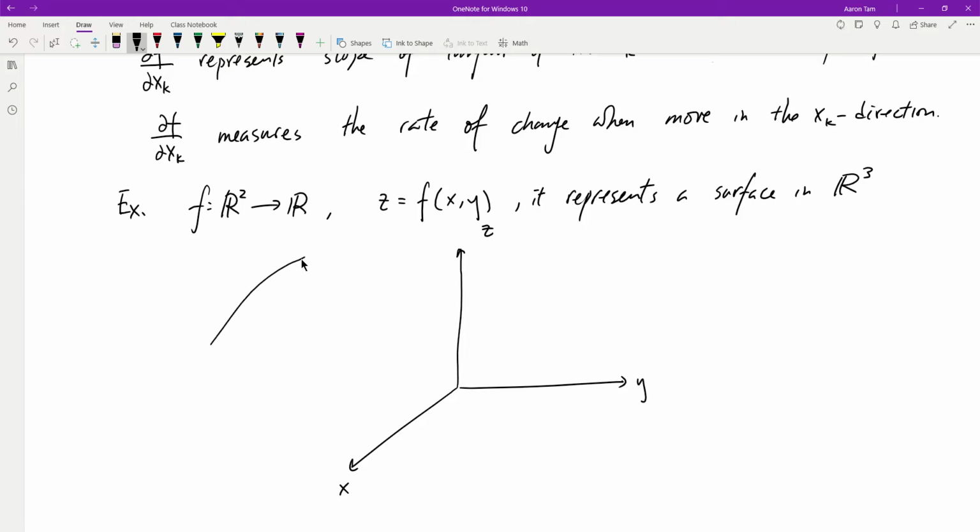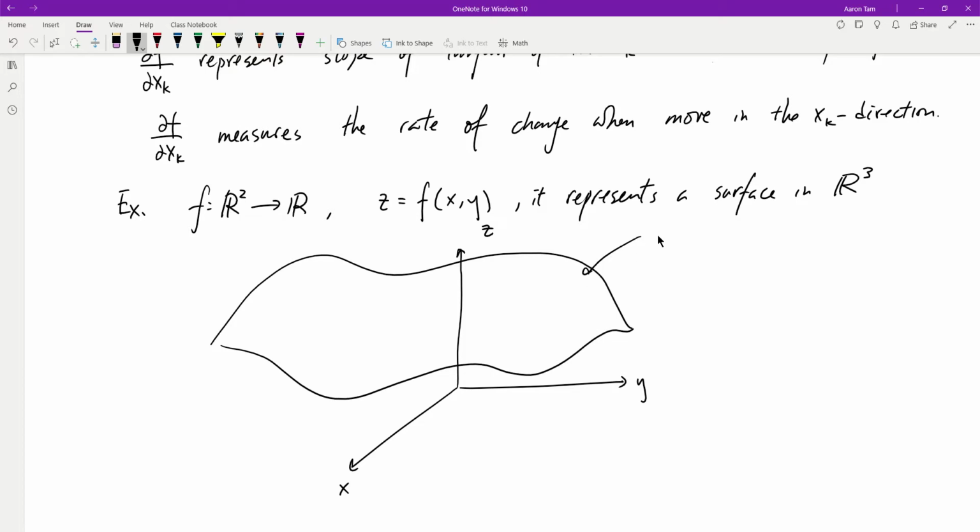So let's say this is my surface, z equals f of x, y, and I purposely draw it on the positive side of the xy plane, to kind of trick your brain into thinking that it's over the z-axis. Okay, so that's the surface.